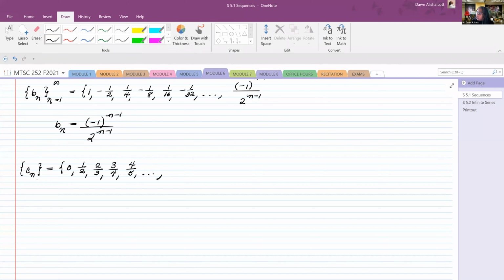And again, n starts at 1 and goes to infinity. Now, what do you notice about those numbers, those fractions? Would it be like n minus 1 over n? That's exactly right.